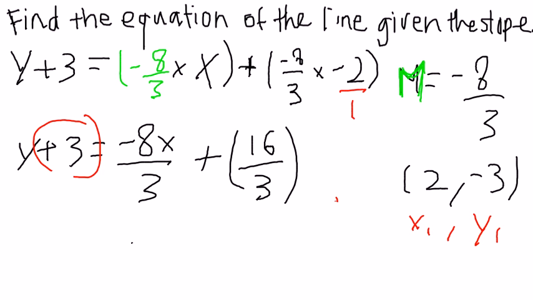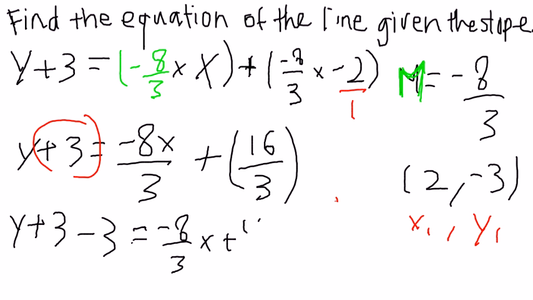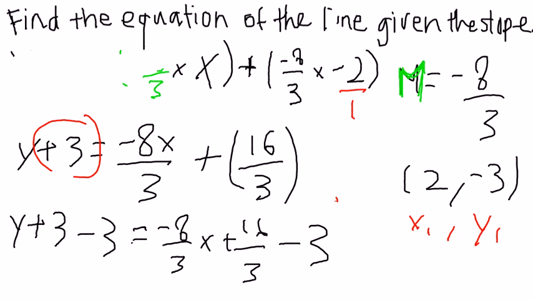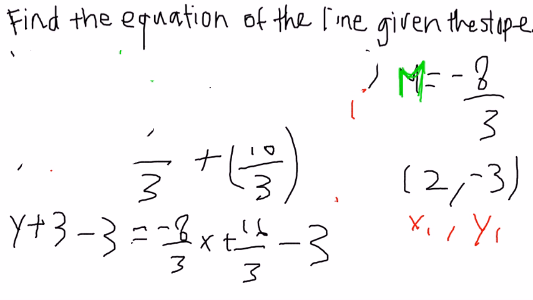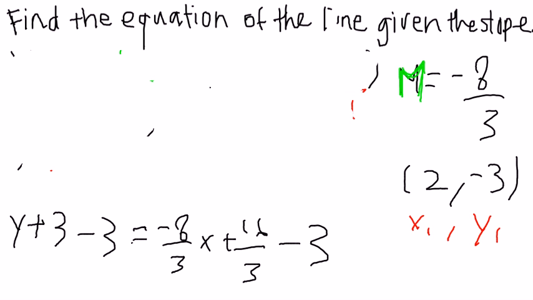So we have y plus 3 minus 3 equals negative 8 over 3x plus 16 over 3 minus 3, right? So we do know that 3 minus 3 equals 0. So right here, y plus 3 minus 3 is just y, because y plus 0.